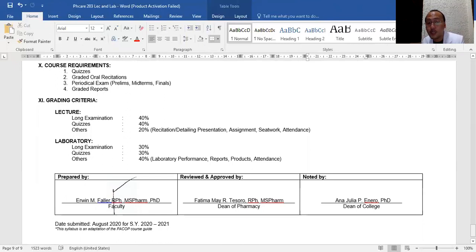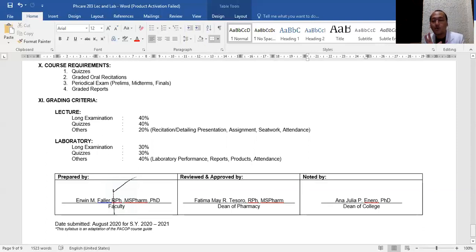Others will be 20%, covering your recitation, your attendance, and of course some of your assignments. For the laboratory, long examinations are 30%, quizzes will be 30%, and the other 40% will be laboratory performance, report, and product attendance.